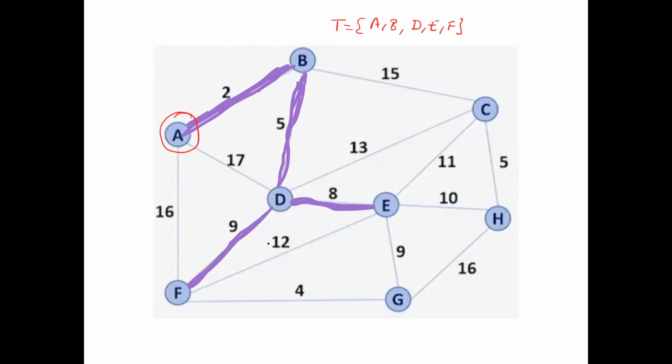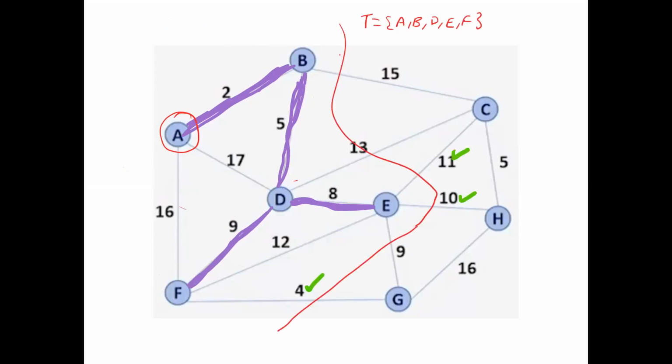Now again draw the partition of the same. Now considering the vertices outside this partition, consider the vertex G. G has two connections with this partition, one is GF, another is GE. If you carefully scan, out of GF and GE, the minimum cost is 4.